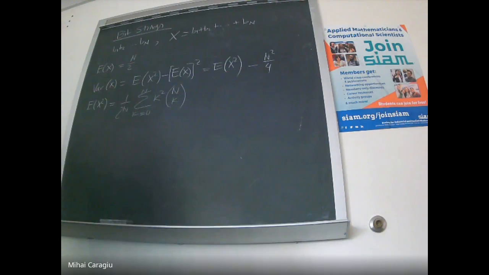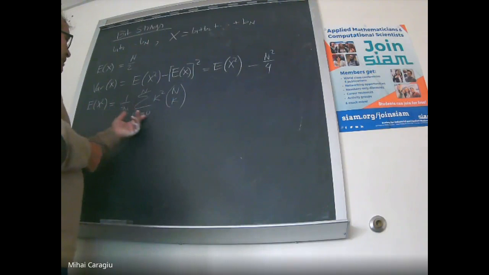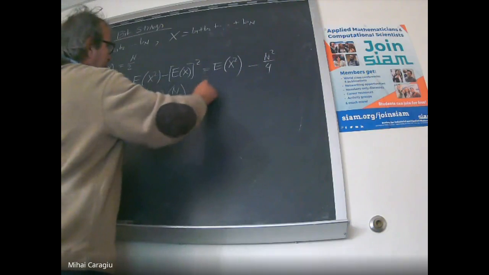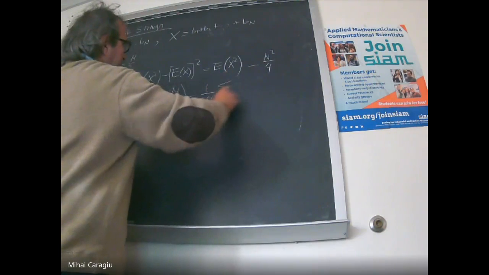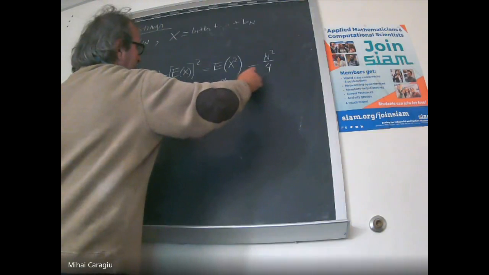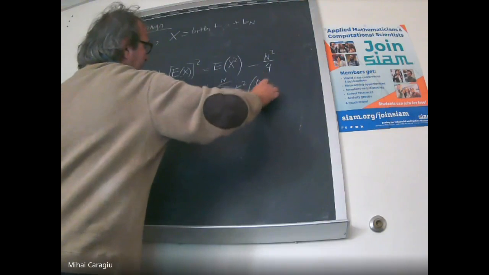Okay, so how to do this problem? As before, we can just as well start from k equals 1 to n. So it's 1 over 2 to the power n, summation over k equals 1 up to n, k squared times n choose k.